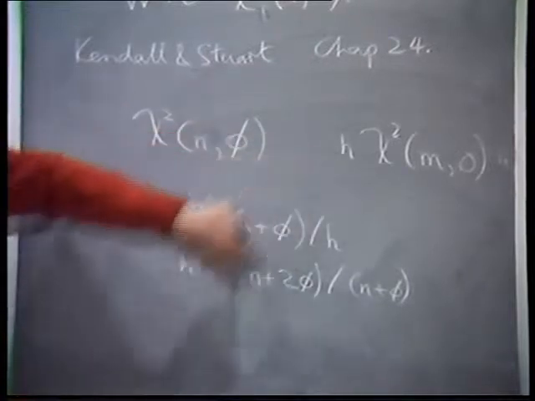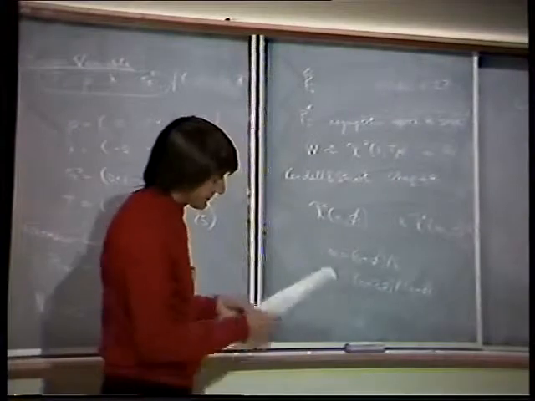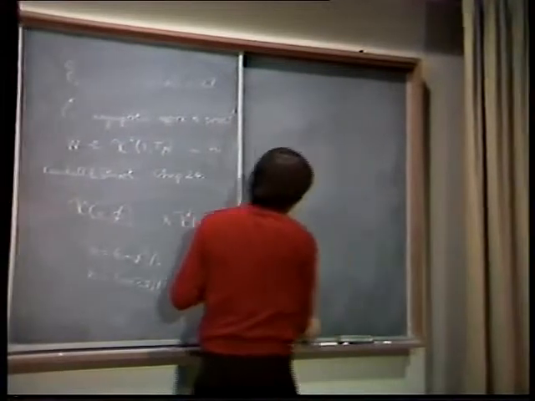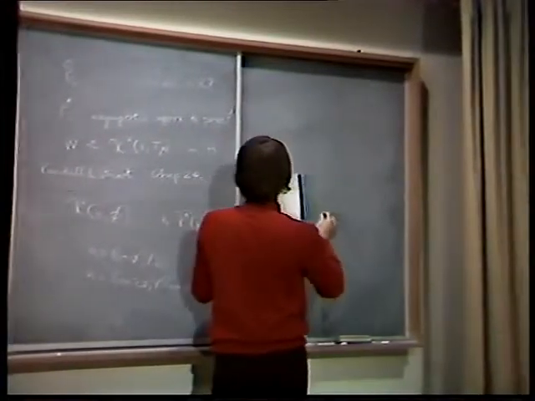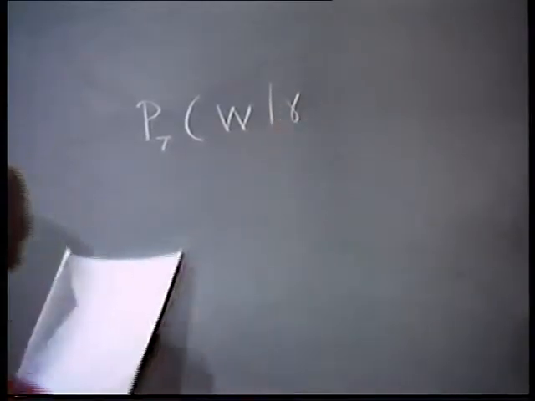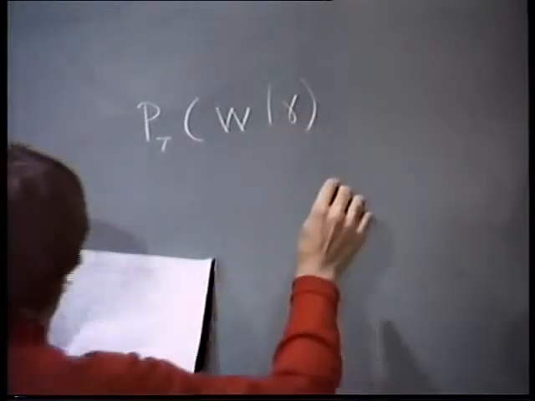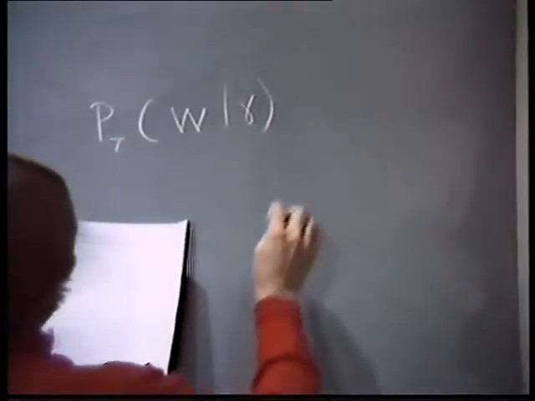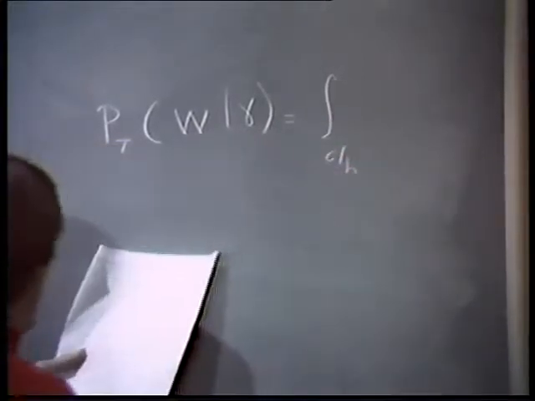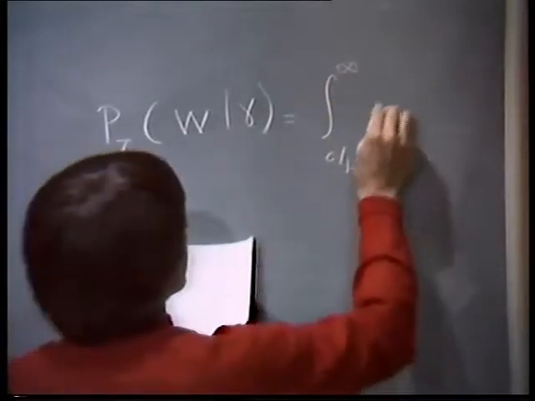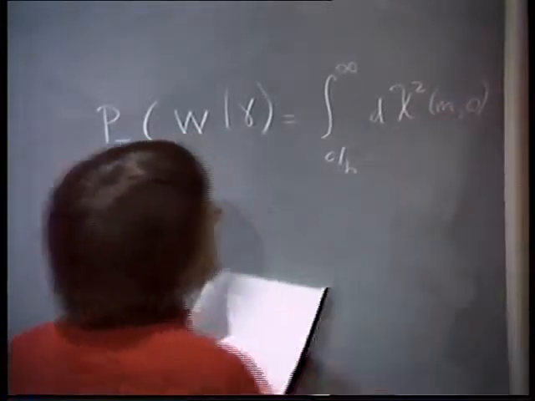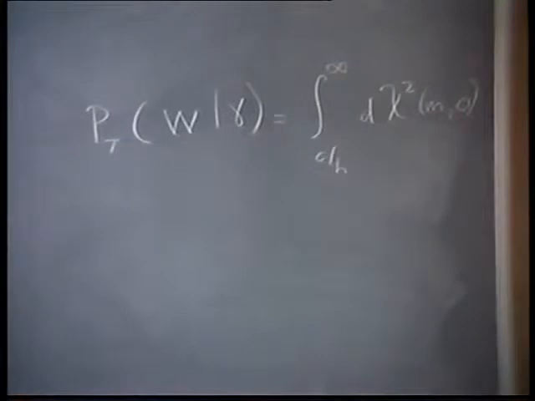But by using this, we can now evaluate the power of the test statistic using the central chi-squared distribution: the integral from c upon h through to infinity of the differential of the chi-squared with m and non-centrality parameter of 0.